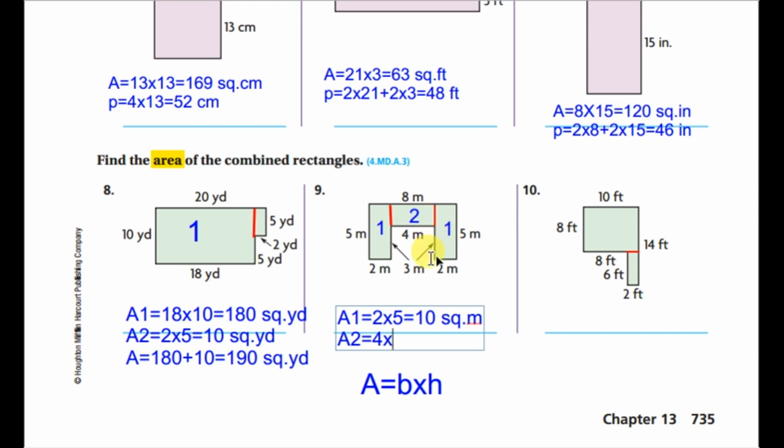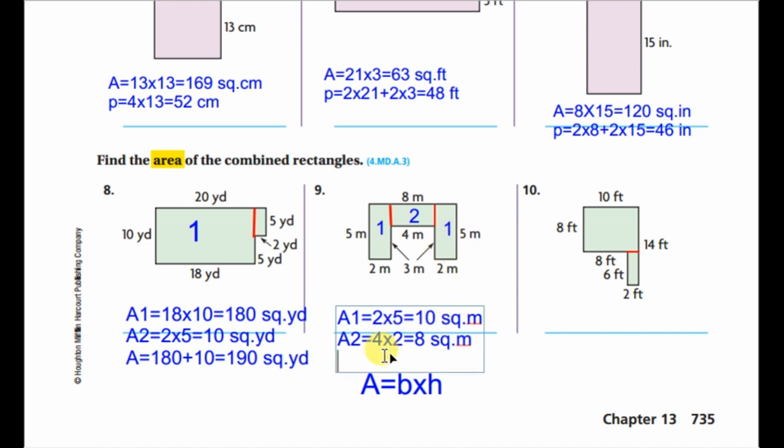So if this is 3 and the whole height is 5, the small distance here will be 2, because I subtract 3 from 5 to give me the small height. So the small height is 2, because 2 plus 3 gives me the whole height, which is 5. So 4 times 2 is 8, and the unit here is square meter.